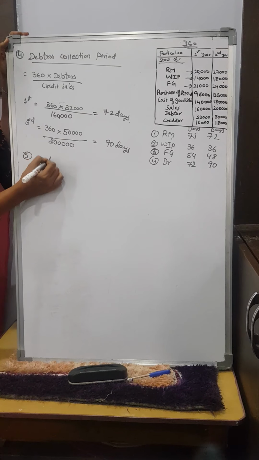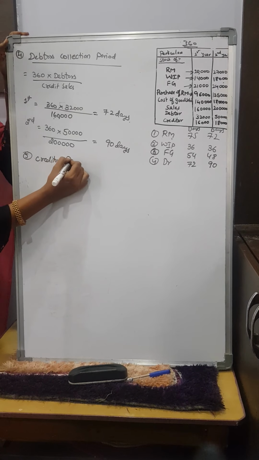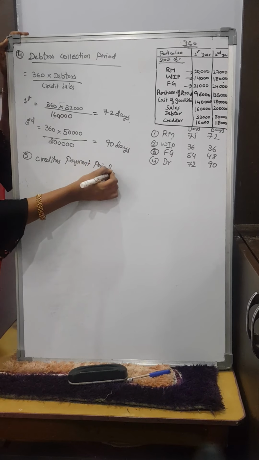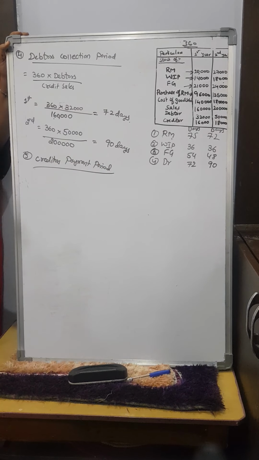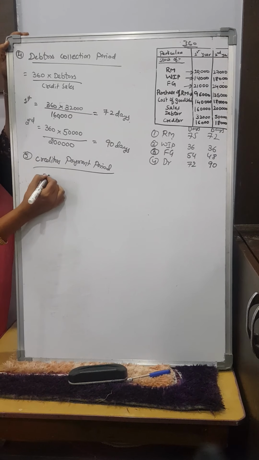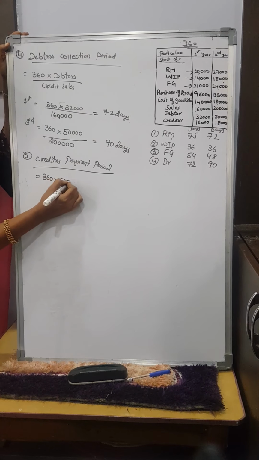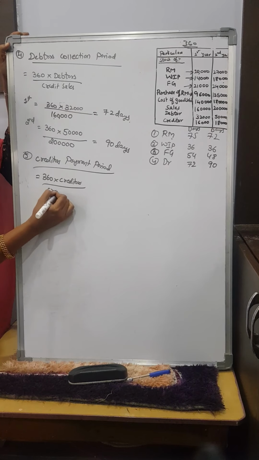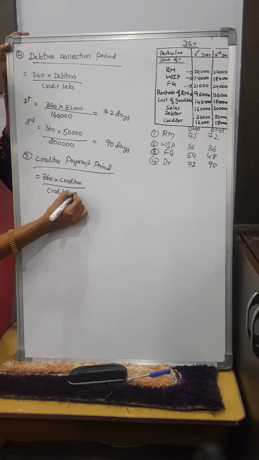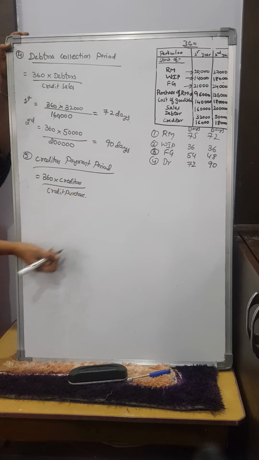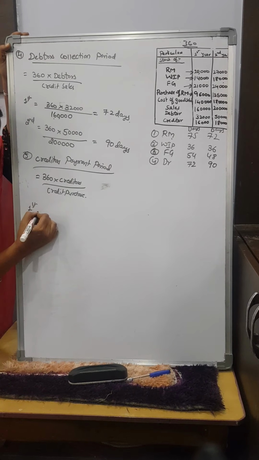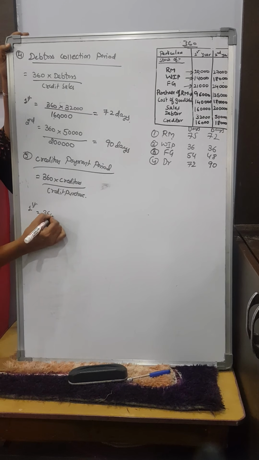Creditors payment period. So what is the formula? 360 days into creditors divided by credit purchase. For the first year, 360.